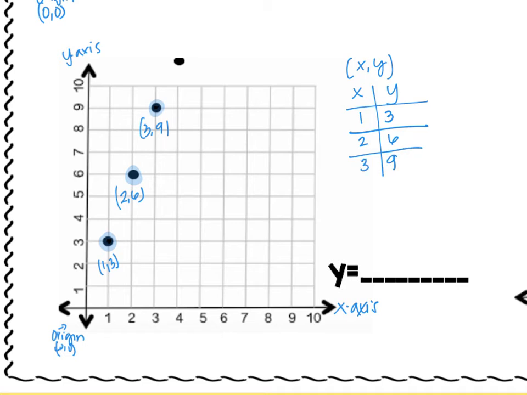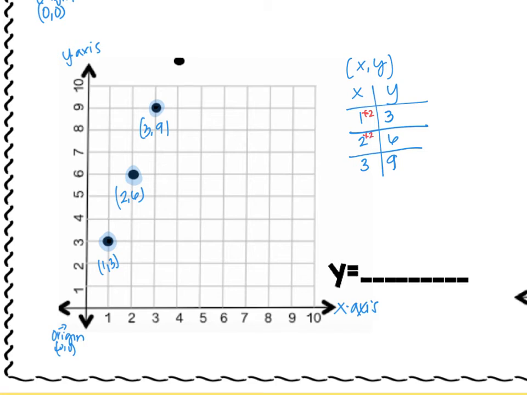And now I need to figure out how I get from x to y. Remember, it has to be additive or multiplicative. So to get from 1 to 3, I can add 2. So let's see. 1 plus 2 equals 3. If it's adding 2 on the top one, it has to be adding 2 on all of them.